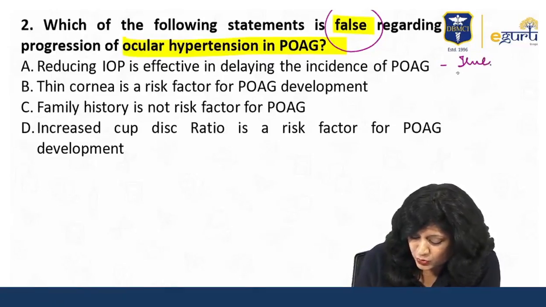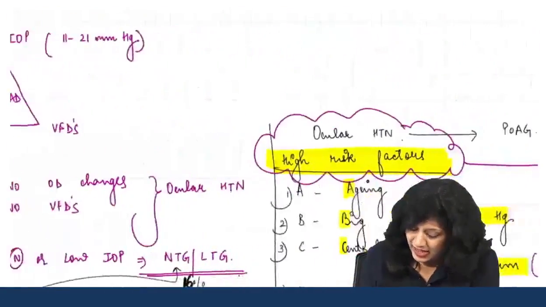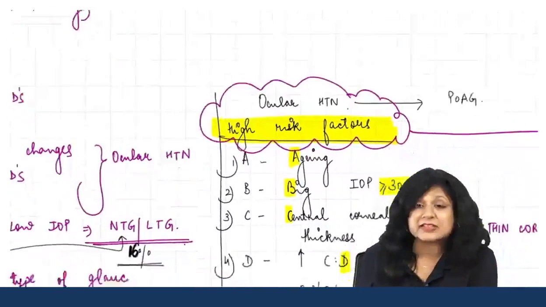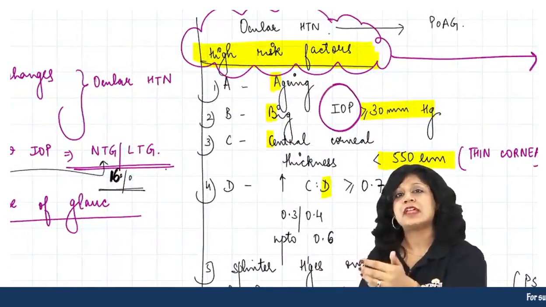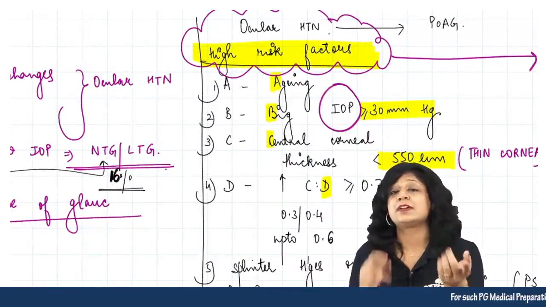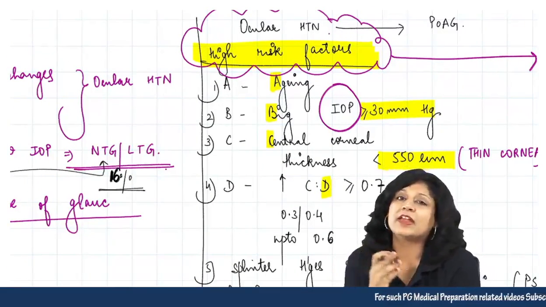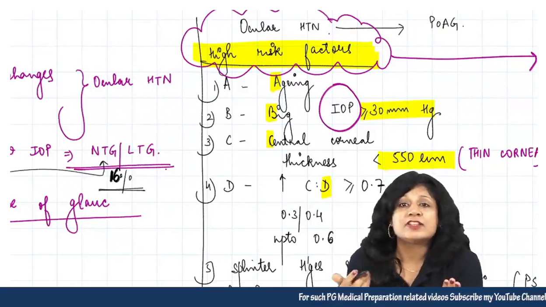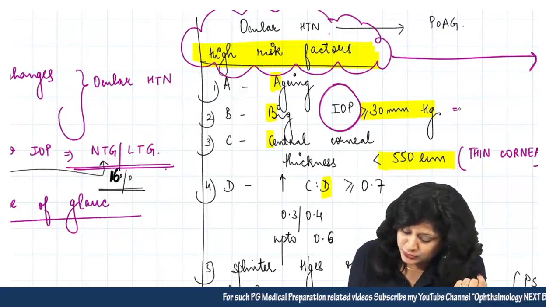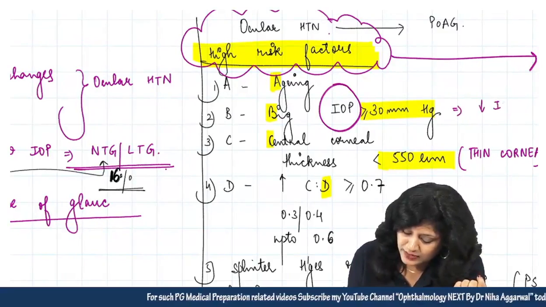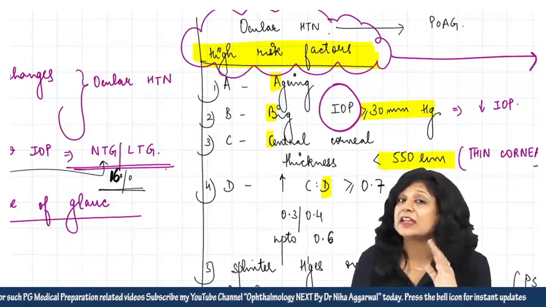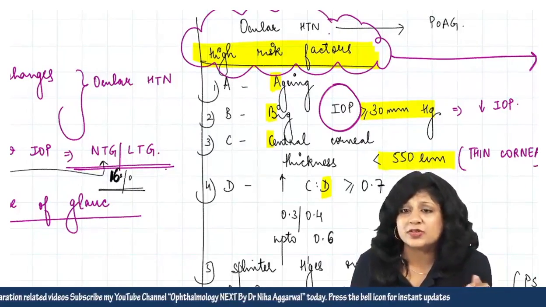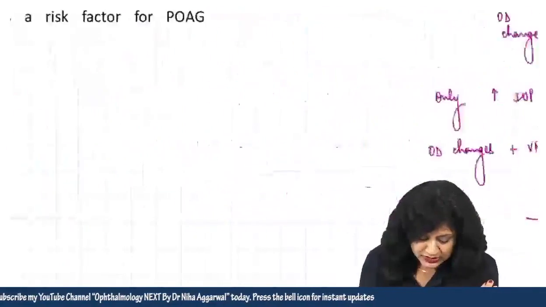Obviously, IOP is a high risk factor. If IOP is more than 30 mm of mercury, certainly this person will have more and more risk of getting converted to POAG. So what is the solution? I should decrease the IOP. If I decrease the IOP, will this decrease the incidence of conversion from ocular hypertension to POAG? Yes, definitely. So this is a true statement.